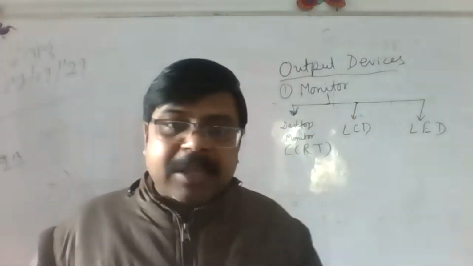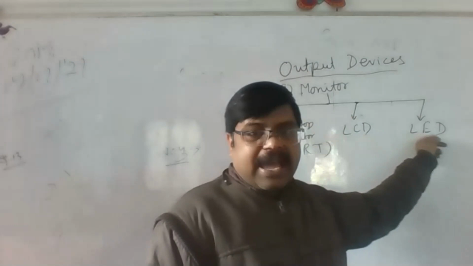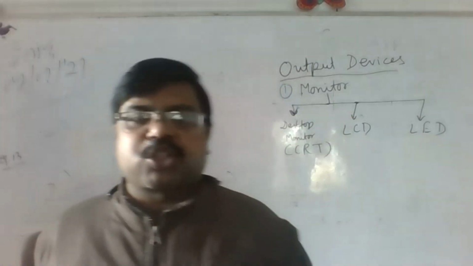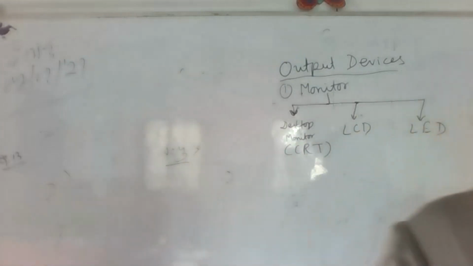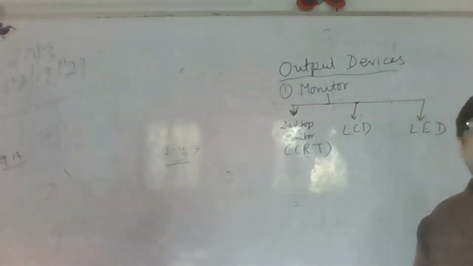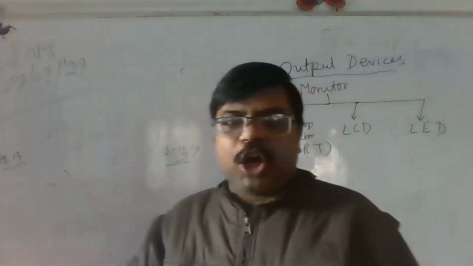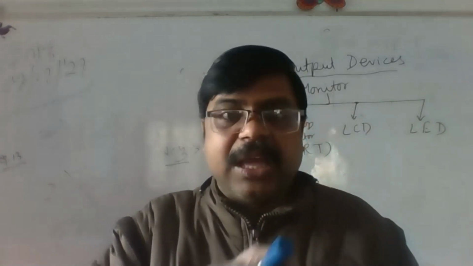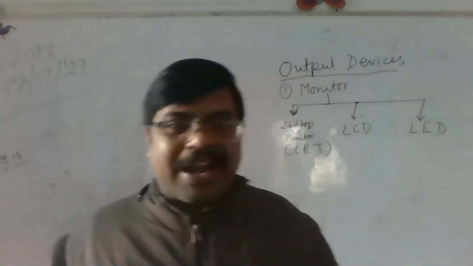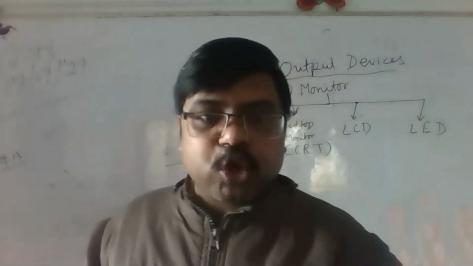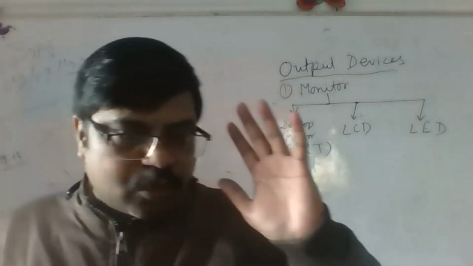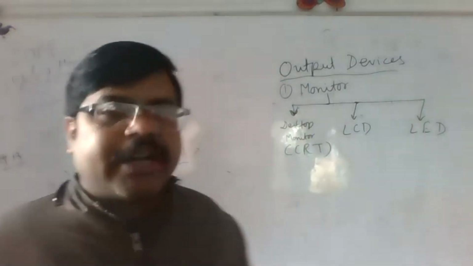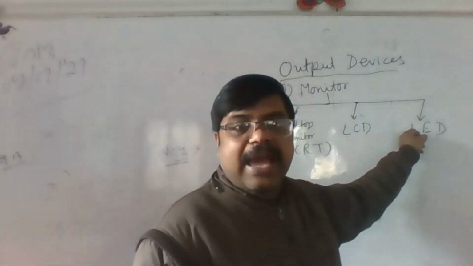But when I'm comparing LCD and LED, LED is the best one. In LCD, if you are making an angle and viewing your screen, it cannot be visible nicely. You cannot get your picture nicely. But if you want clarity, your picture should have good quality, and people can watch that image from any corner, then you can go for the LED.